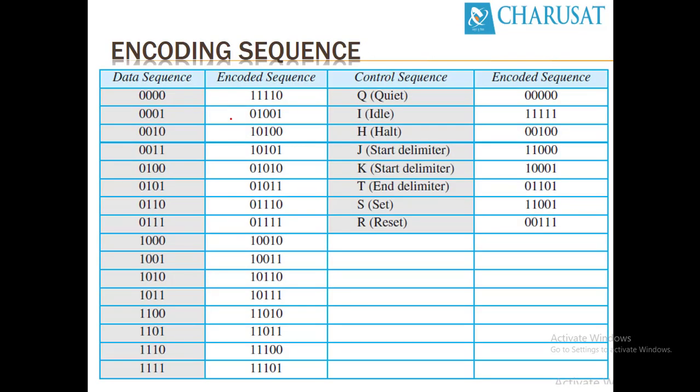These are the encoding sequences for 4 bits to 5 bits. Let's say 10101110 is the input stream which has to be encoded as 4B/5B. The first step is dividing into groups, so we divide into 4-bit groups. Lastly, we put a 0 to make a boundary.